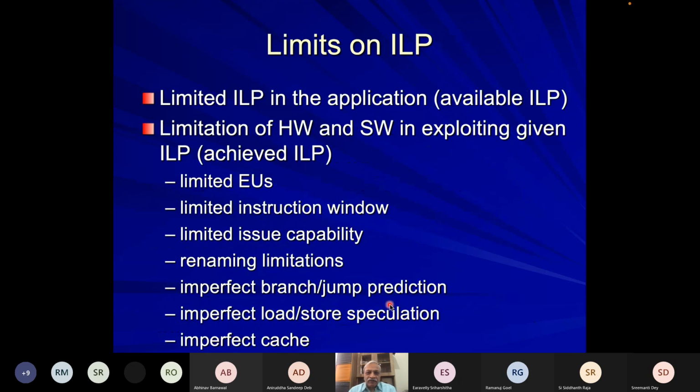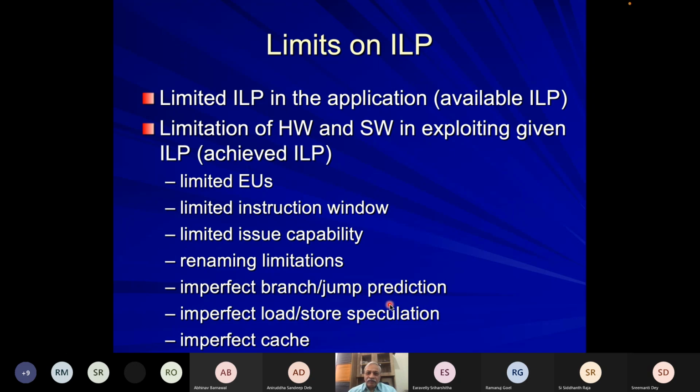The instruction level parallelism is limited in an application. That is called available ILP, or available instruction level parallelism. Then there is a limitation of the hardware and software in exploiting the given ILP. So there is what is called achieved ILP, which is less than the available ILP.